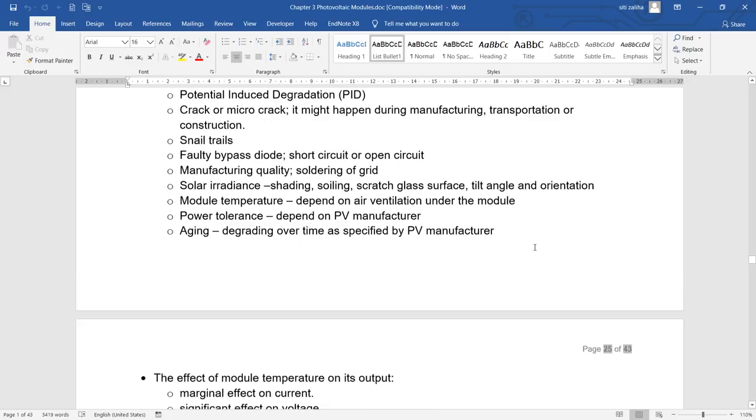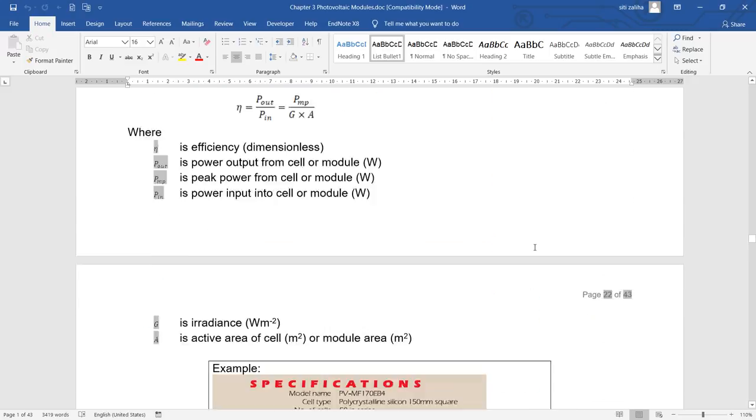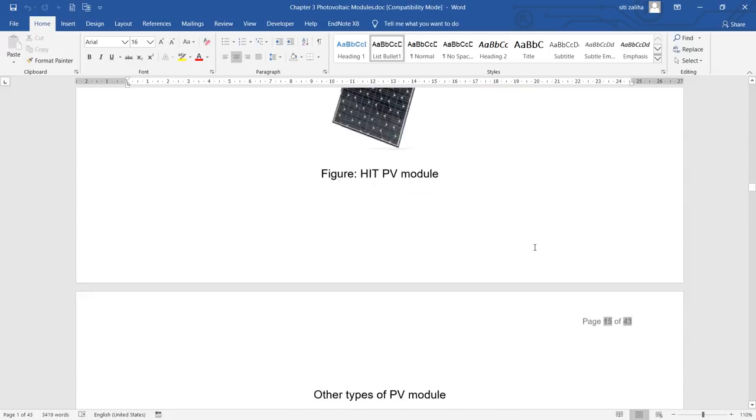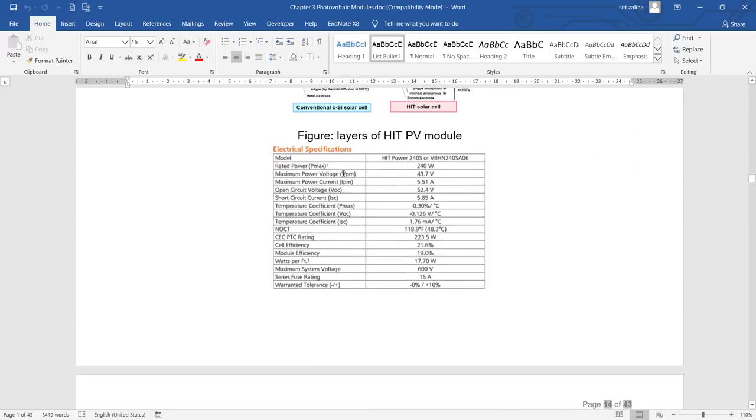Example here, in this datasheet, let's see the temperature coefficients. Temperature coefficient of Pmax is minus 0.30% per degree Celsius. This minus represents that when the temperature increases, the power will drop 0.30% for every 1 degree Celsius.